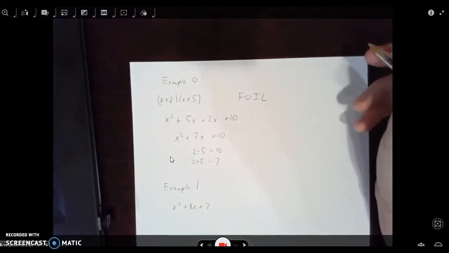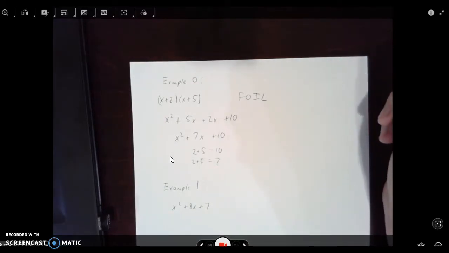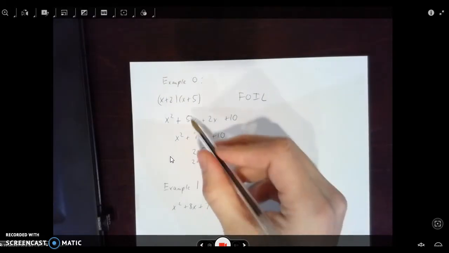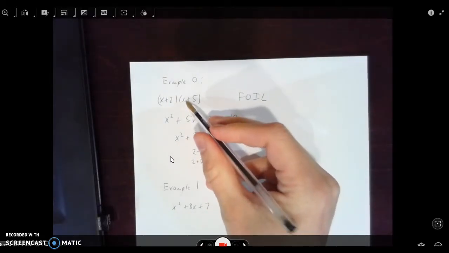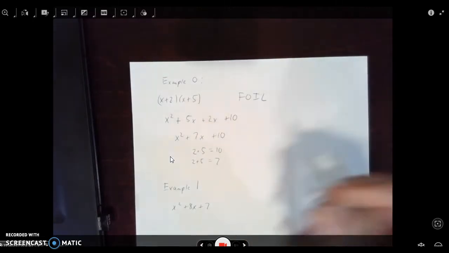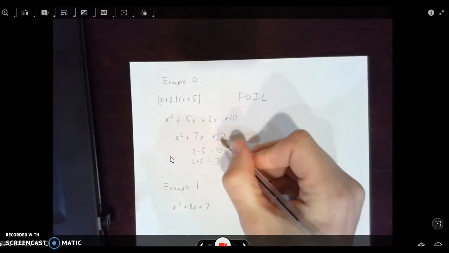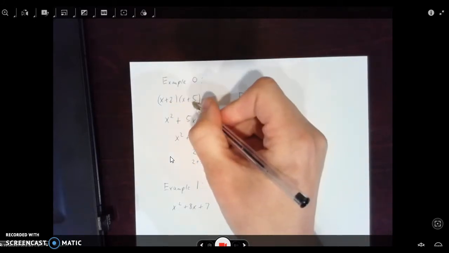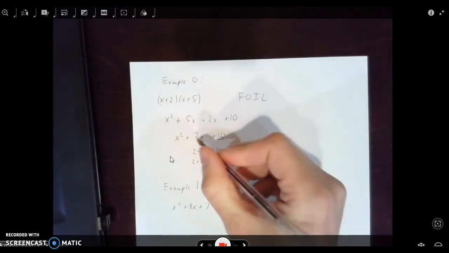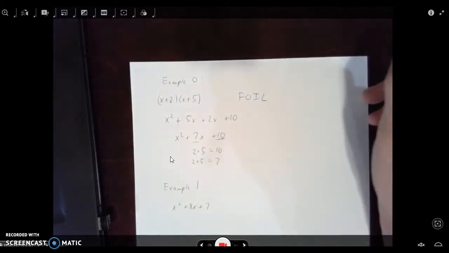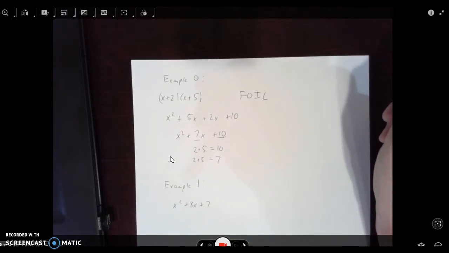This is a little bit of the factoring game that we're going to be playing, when we have something like this, and we want to get back to our binomials. So we're taking a trinomial going back to binomials. The last number is going to be the product of the two numbers that we're looking for to go in the blanks here. And the middle number is going to be the sum of those two numbers. So we're kind of playing a little number game to do this factoring.